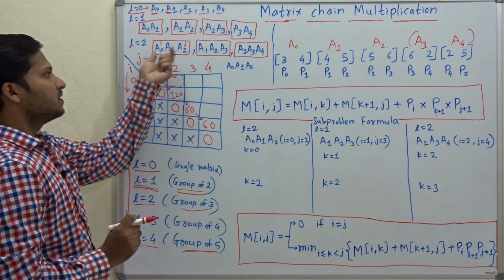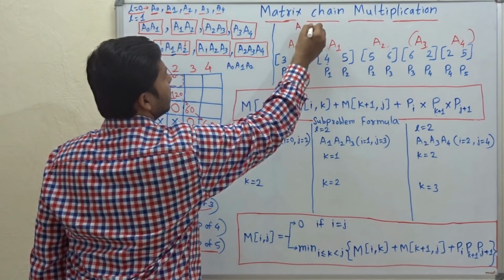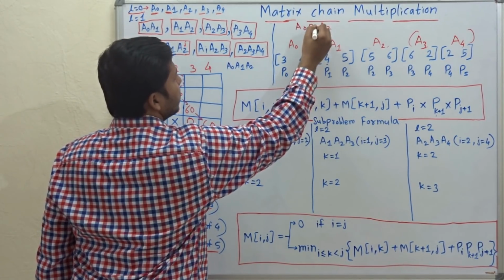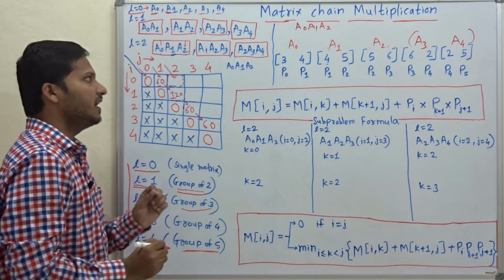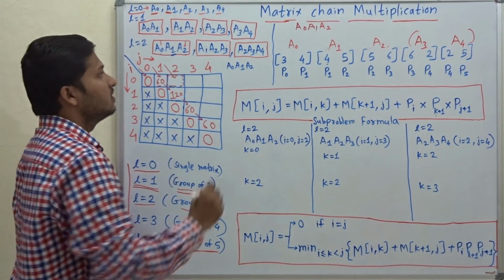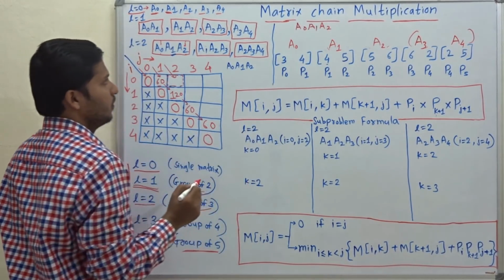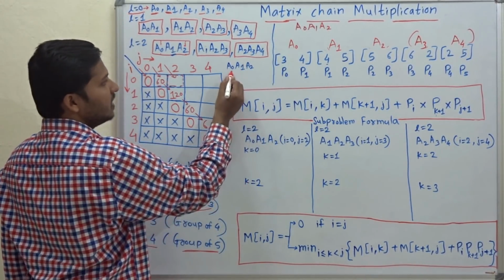For a group of size 3, if it is A0, A1 and A2, we cannot directly write the cost of multiplying these 3, because there are 2 possibilities to multiply A0, A1 and A2, and I have written the possibilities here.